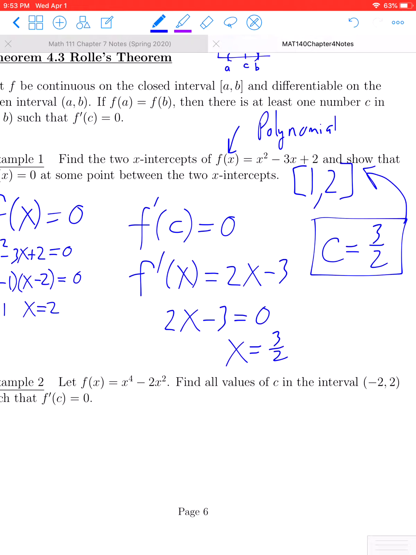This is another function. If we look at f of x, it's a polynomial again, so it's going to be continuous everywhere, differentiable everywhere. So certainly f of x will be continuous on the closed interval -2, 2, and differentiable on the open interval.